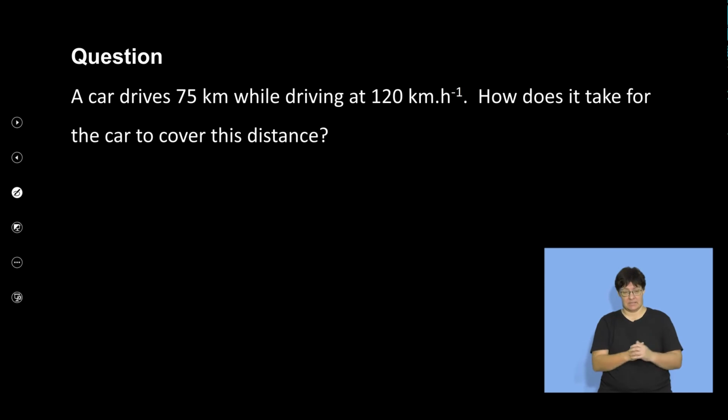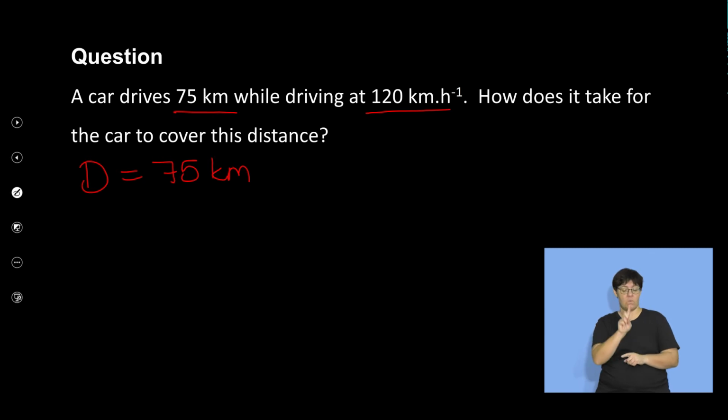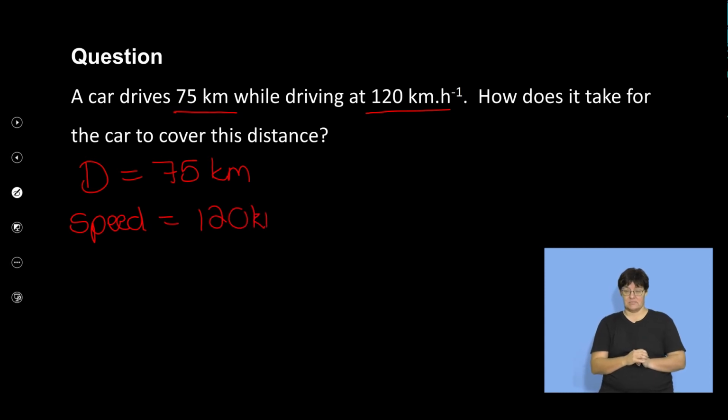Right, what do we know? Drives 75 kilometers, distance 75. Speed 120. All right, so that's 120 kilometers per hour, and they want time. That's what I'm looking for. So now I know what I've got.